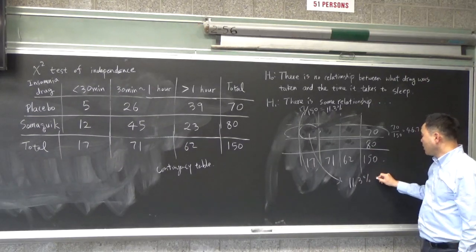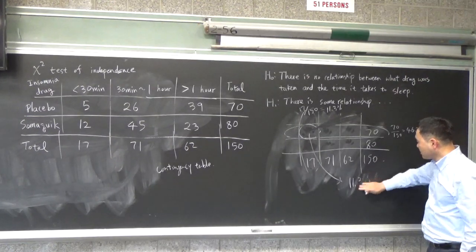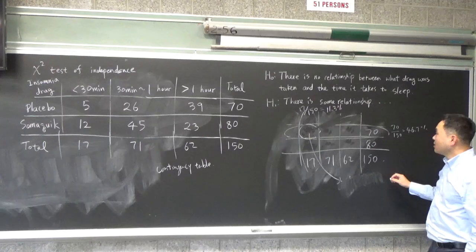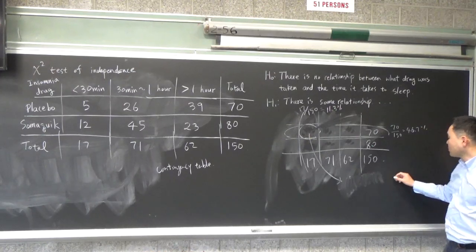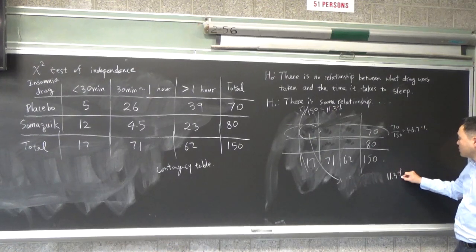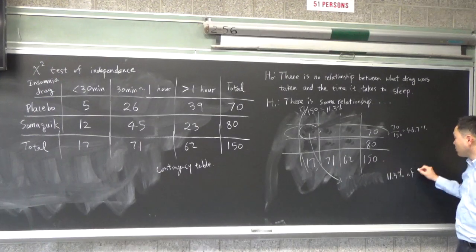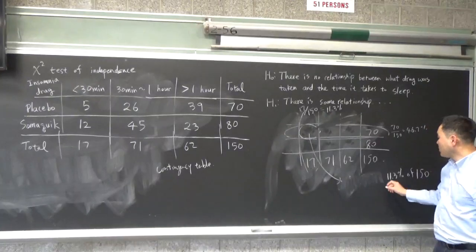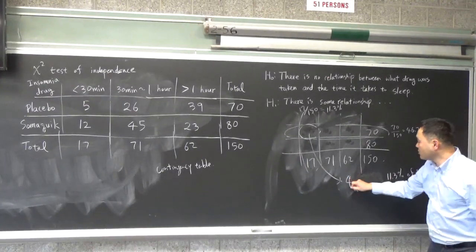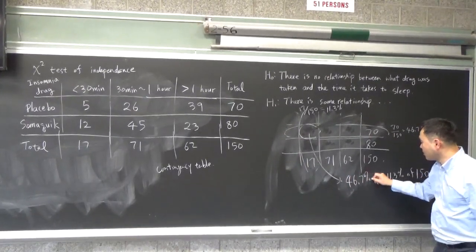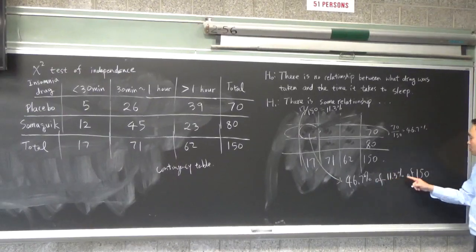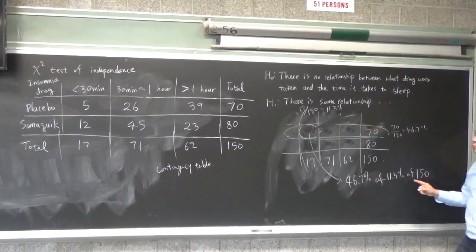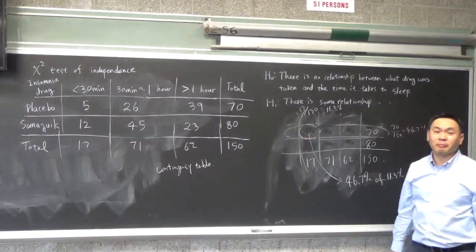11.3% of, sorry, I should really say, first of all, 11.3% of the total 150 will be this column, right? But then you want 46.7% of 11.3% of 150 to be exactly this cell.